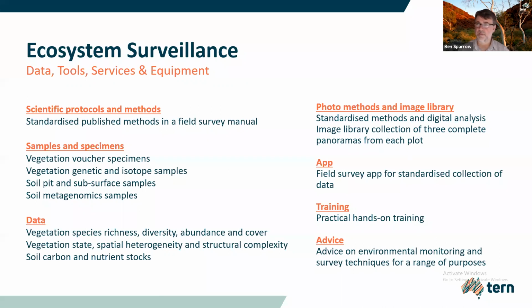So our data is the sort of traditional ecological data, but we can feed into things like species richness, diversity, abundance, cover, composition, structure, vegetation state, vegetation heterogeneity, structural complexity, soil carbon, nutrient stocks, a massive array of information, but interestingly it's multidisciplinary.